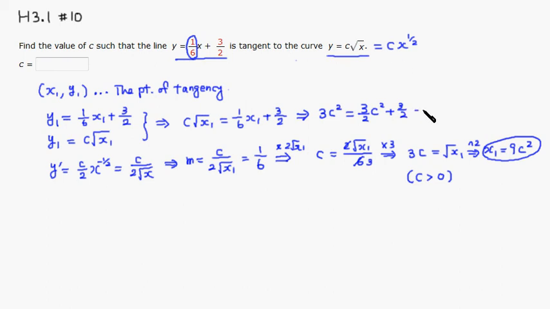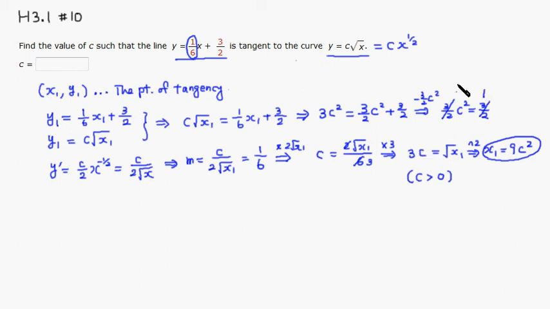So we can solve. Subtract 3/2 c squared. You get 3/2 c squared is equal to 3/2. Then you can just divide through by 3/2 and 3/2, so it's going to be 1.